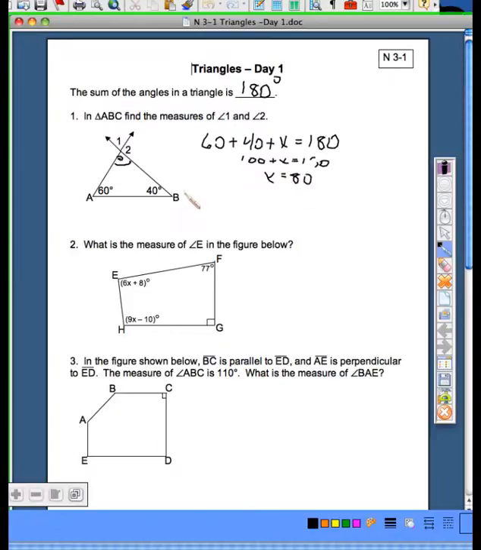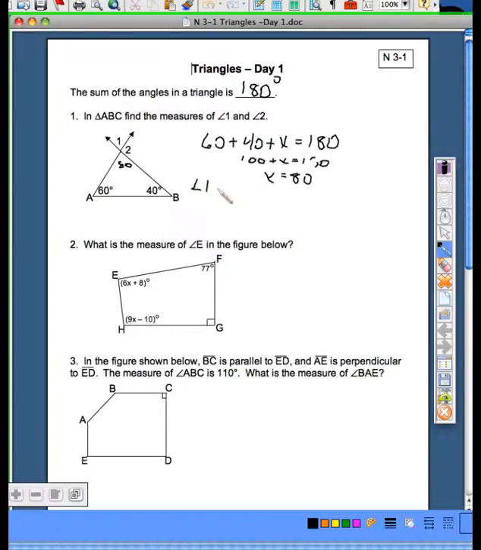Well, if you remember, if this is 80, we'll go ahead and write that in there. Take that off and write in that this is 80. Some things you need to remember about angles.